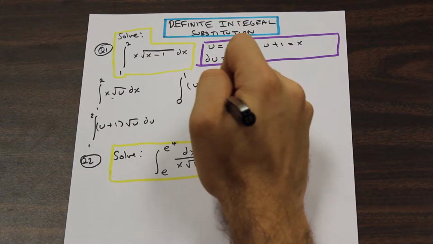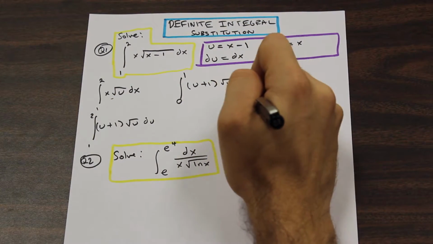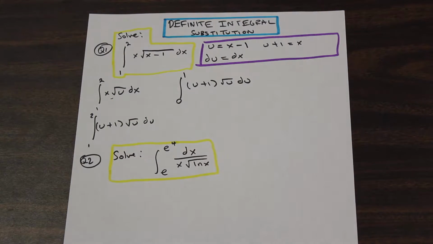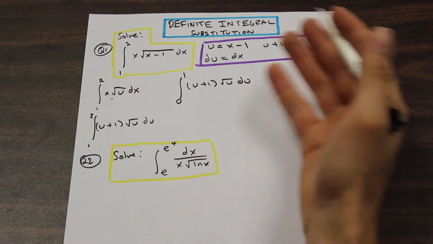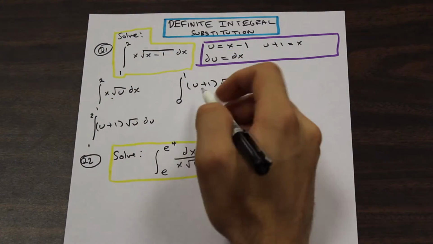Rewriting this equation here. All right, now, with that done, we've put the whole thing in terms of u, we've changed our bounds, and now all that's left to do for this question is to integrate if possible, and of course it is. We know how to integrate polynomial functions using the power rule. We've discussed that in an earlier video.